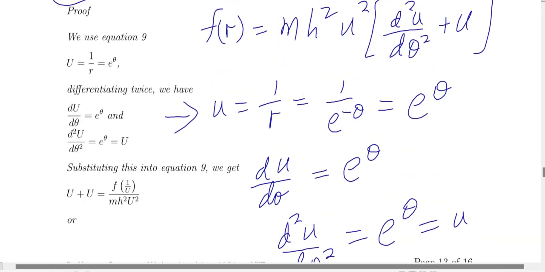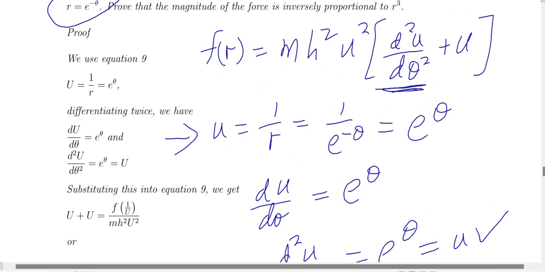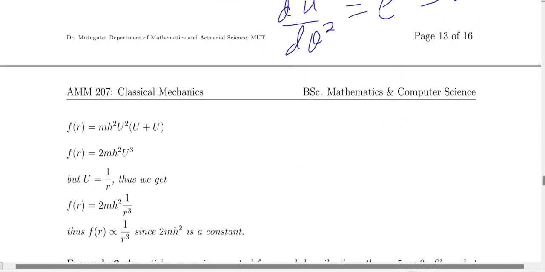Now we substitute this back here. We are only replacing d squared u by d theta squared with u. So when we do that, we get Fr is equal to m h squared u squared, then in brackets we have u plus u, so this will be m h squared u squared times 2u.